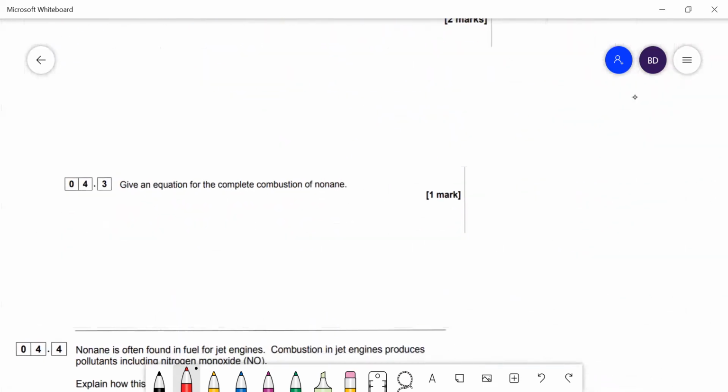Equation for the complete combustion of nonane. That's a fairly standard question. So we've got C9H20 plus oxygen. Complete combustion, we're going to get CO2 and water. We've got 9 carbons on the left, so we must have 9 CO2s.